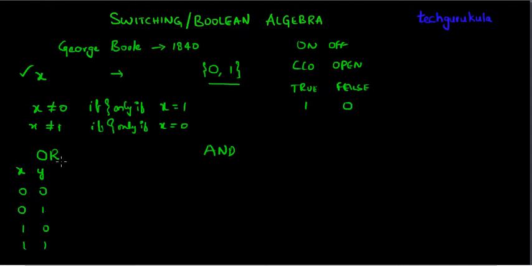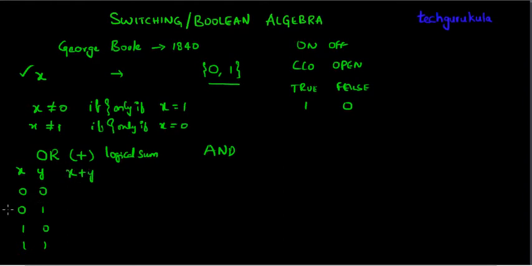Now when we have an OR operation, we can represent it with the symbol plus. This plus is not the arithmetic sum symbol. This is called logical sum, and some people call it directly sum, but in this case it is not arithmetic sum. So if we do OR of x and y, the expression is x plus y.